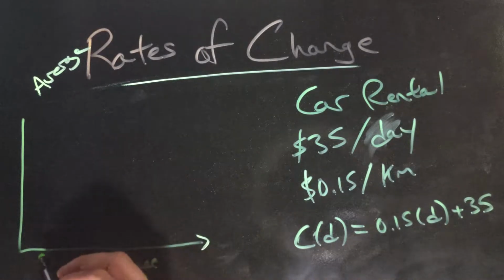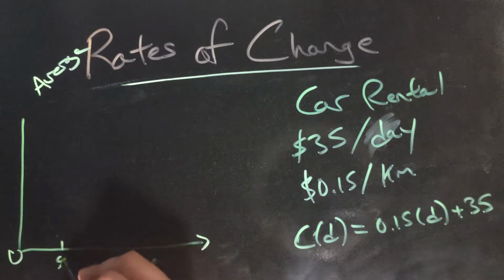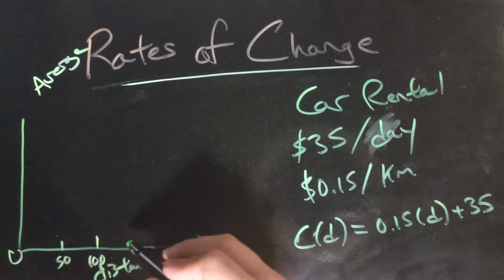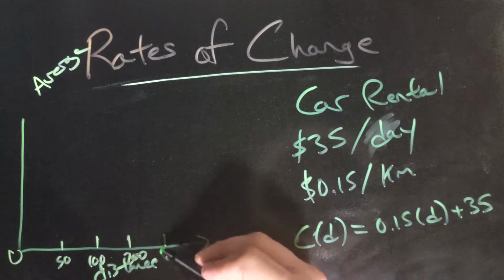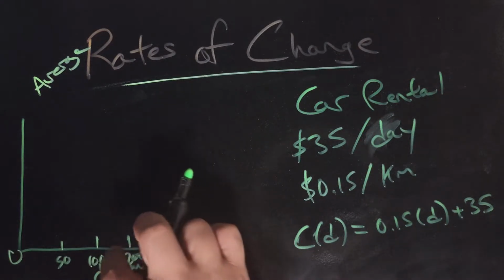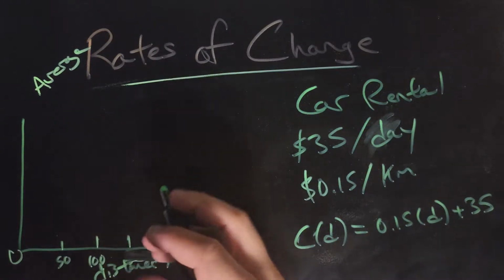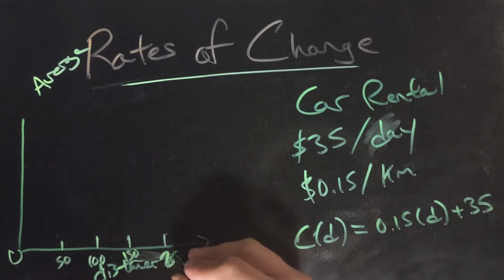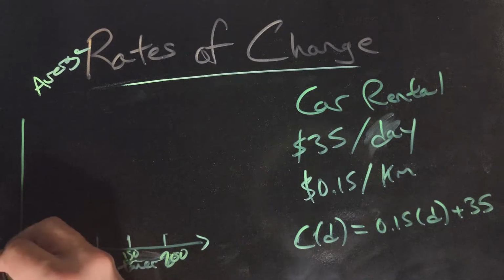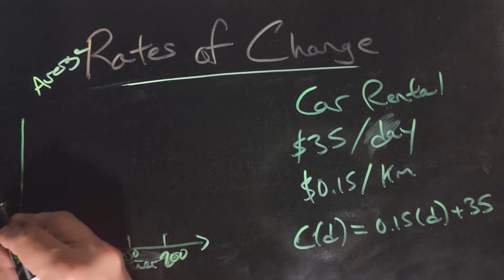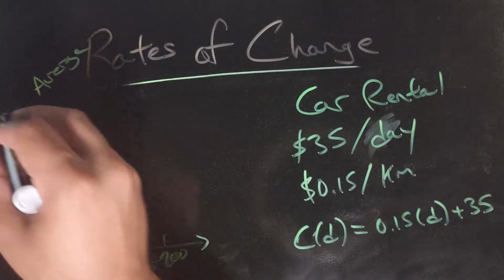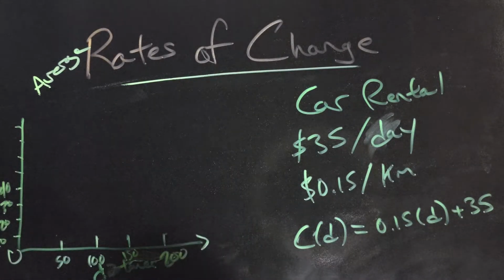Say you start off at 0 and you can do 50, 100, 150, 200, 300, so on. Then you do the cost, 10, 20, 30, 40, 50, 60, 70, 80, and so on.